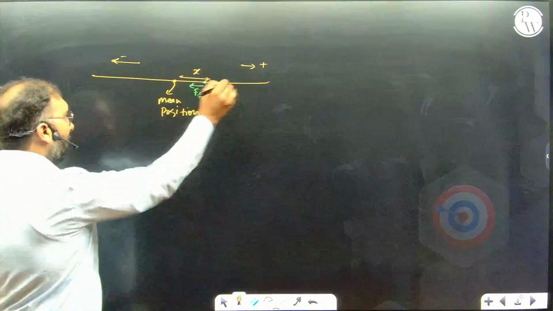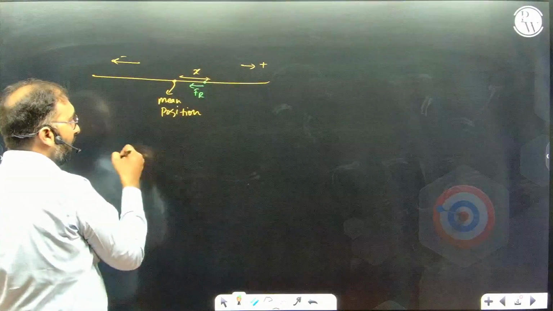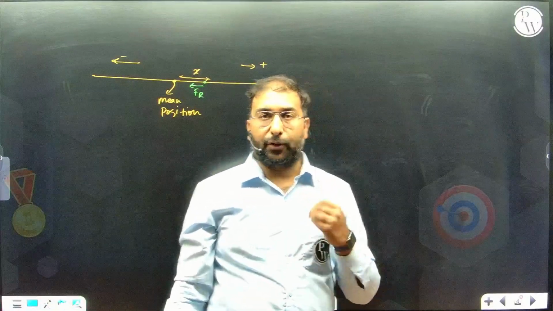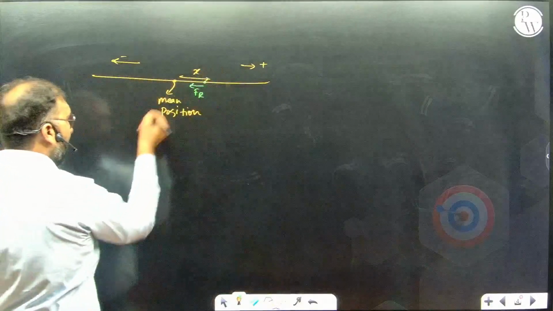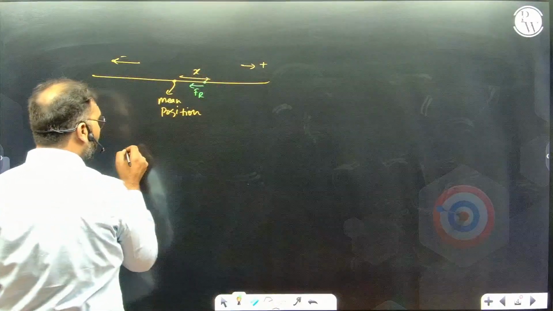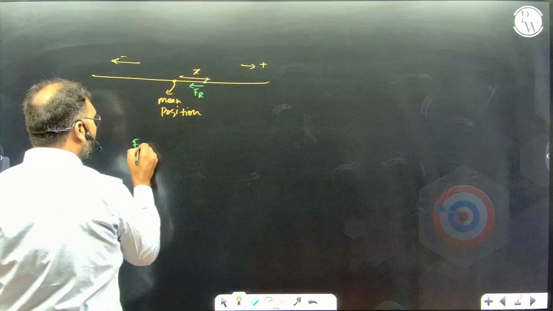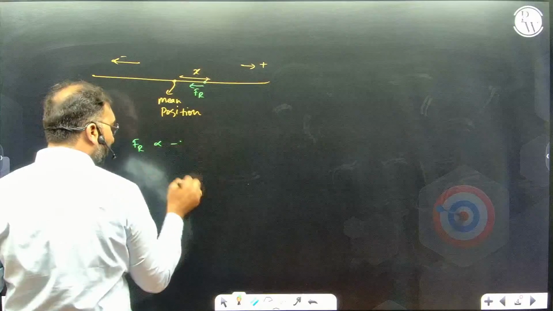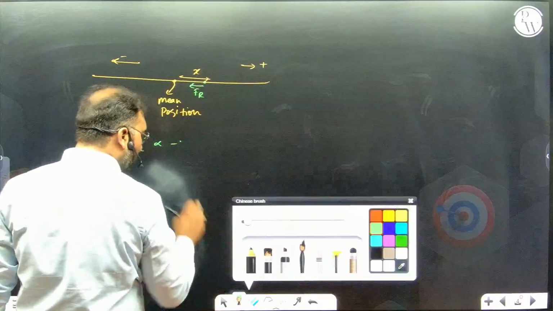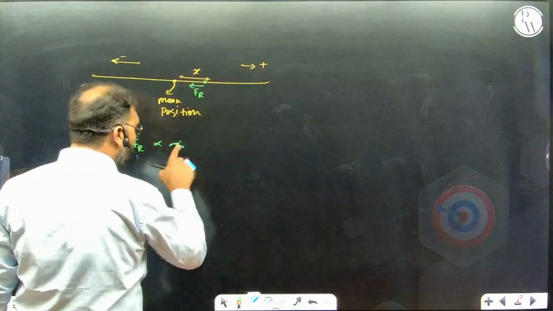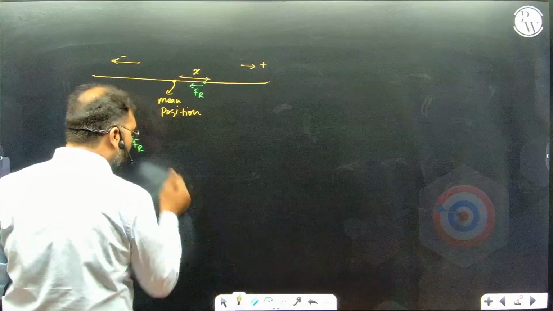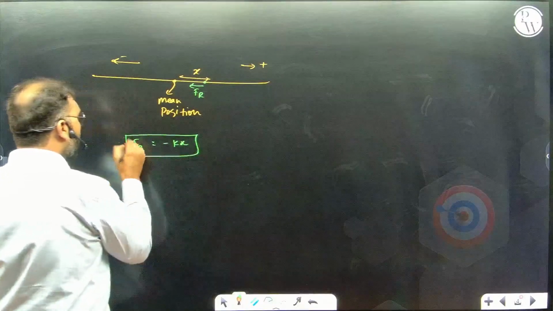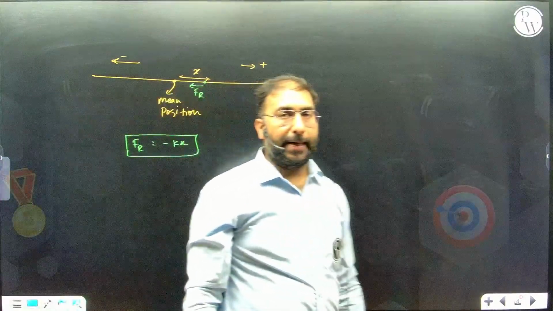Now if it is performing oscillation and simple harmonic motion, there is a specific condition for SHM: if a particle performs SHM, then the restoring force should be proportional to minus x, the displacement. The restoring force should be equal to minus k into x.